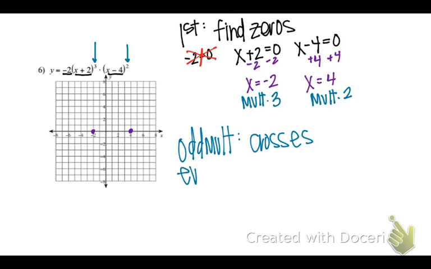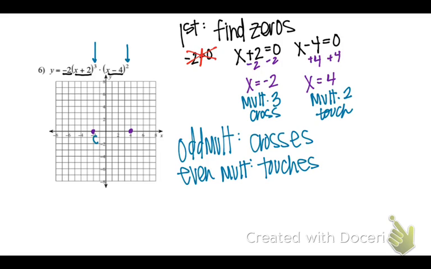And if it has an even multiplicity, that means it touches. So this one, 3 is odd, so this is going to cross. 2 is even, so this is going to touch. At negative 2, this one is going to cross. And then at x equals 4, this one is going to touch.